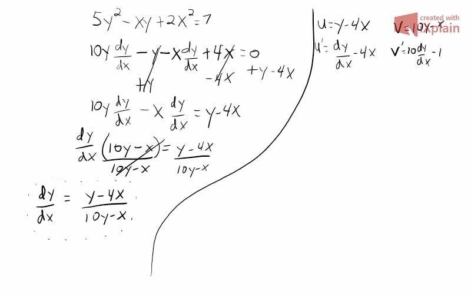So we would have u prime times v minus v prime times u over v squared. So this would be dy over dx minus 4x.